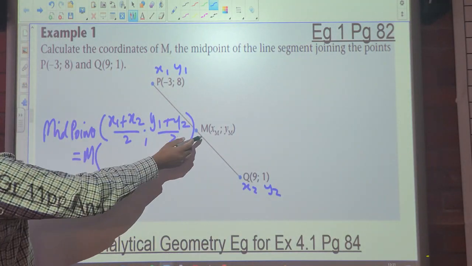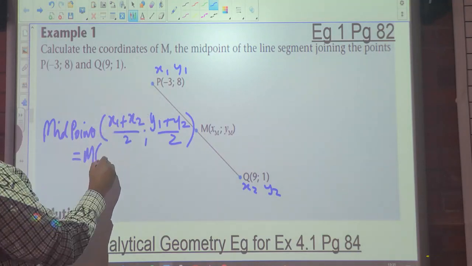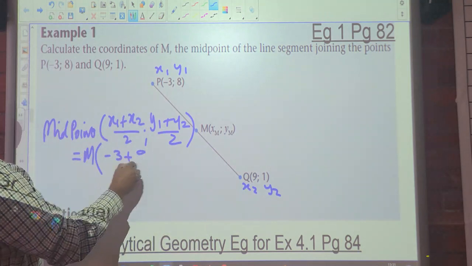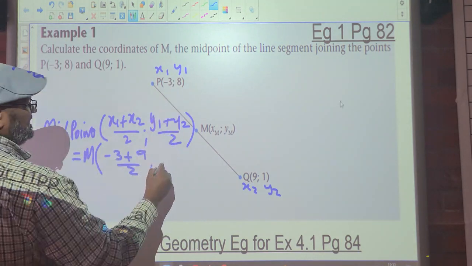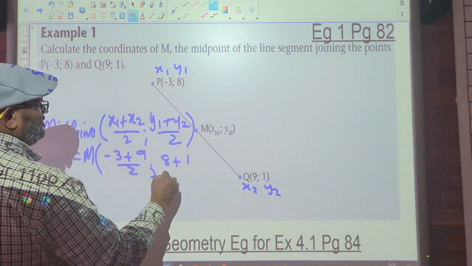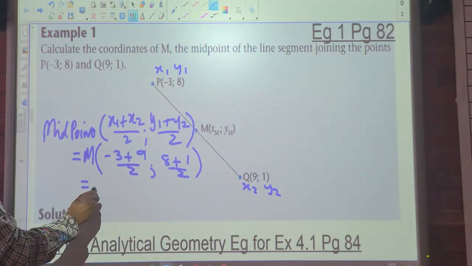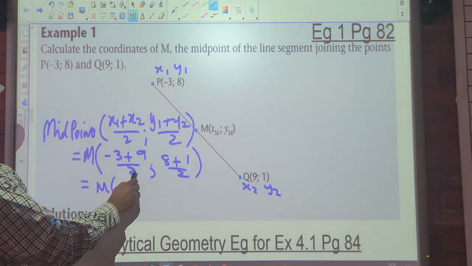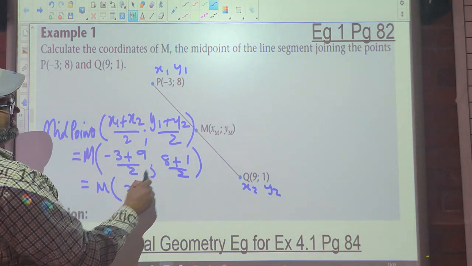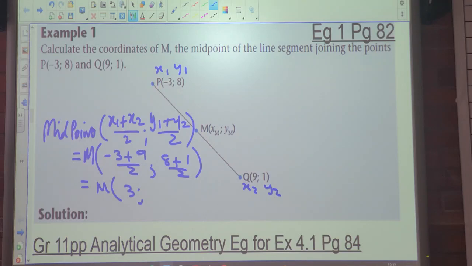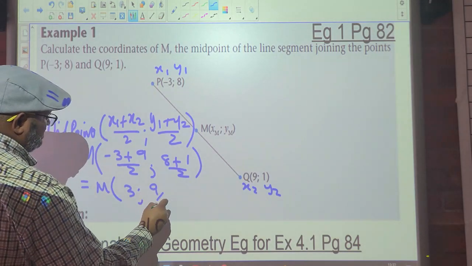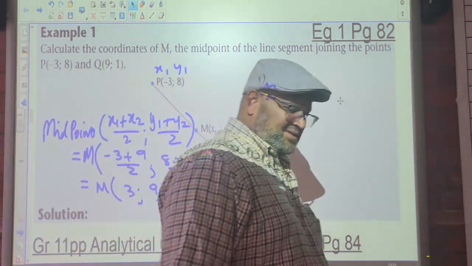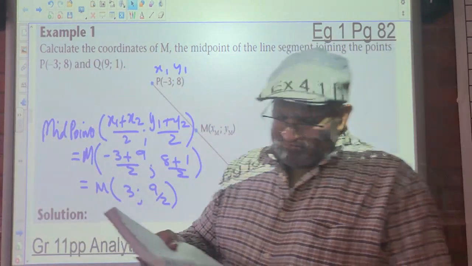Now M is for the midpoint. It is negative 3 plus 9 over 2 and 8 plus 1 over 2, which simply gives us, what's negative 3 plus 9? 6, and 6 over 2 is 3, and 8 plus 1 is 9. That gives us 9 over 2, or 4 and a half, or 4.5. Okay.